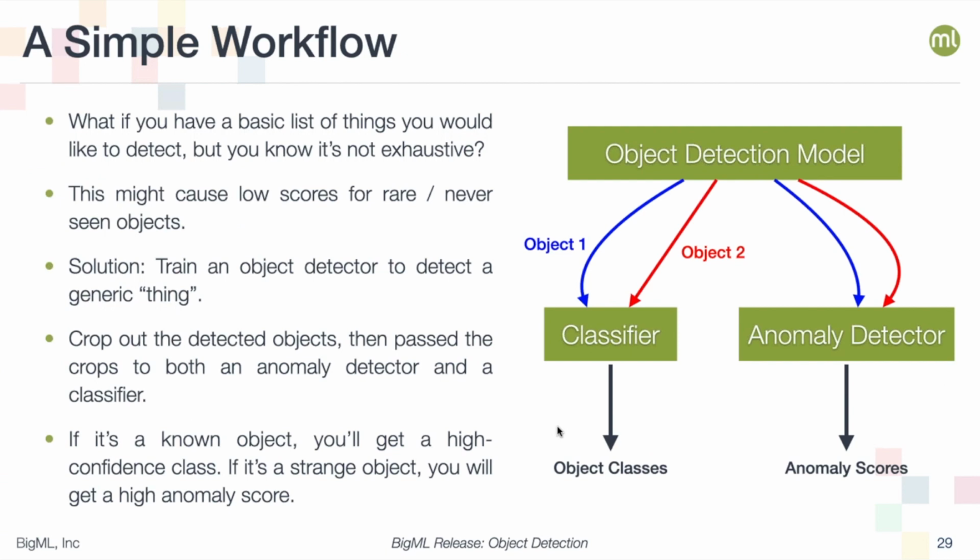Or you can use our API to do all of this locally, managing the calls to the API from the client side. But what you don't have to do is use separate imaging libraries or separate tools, cobbling things together to have a full solution operating in production. You can do this all on BigML.